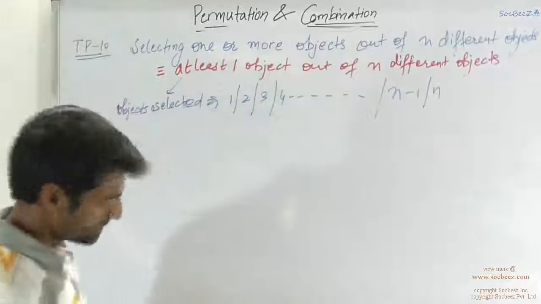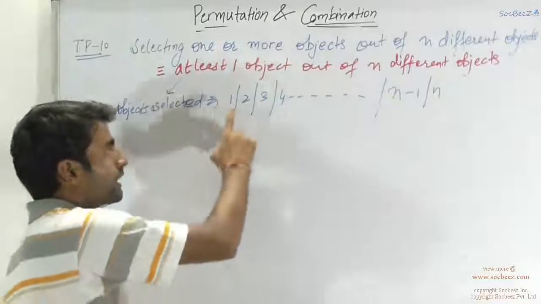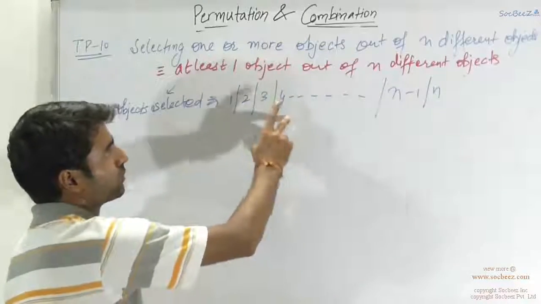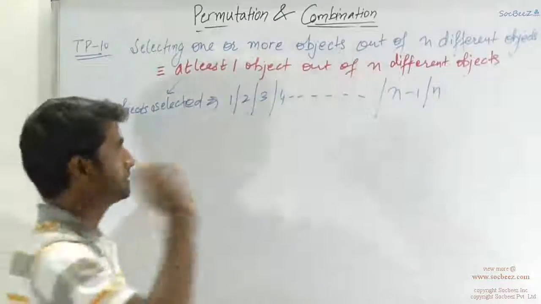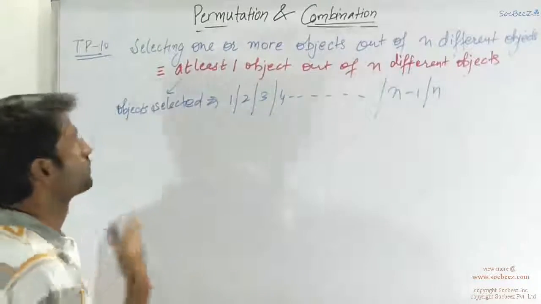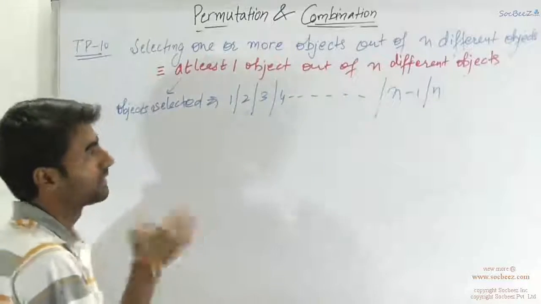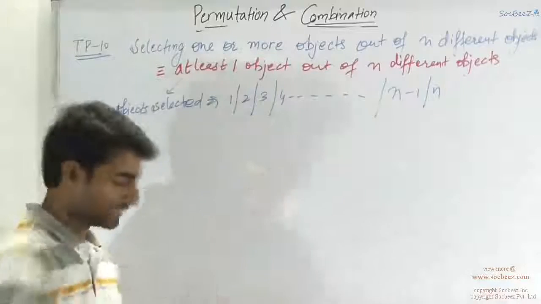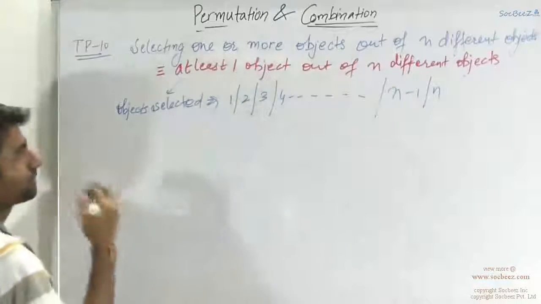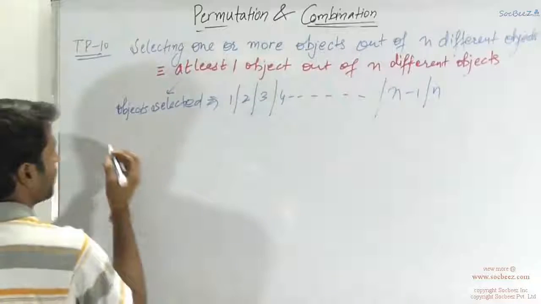These are all the possible cases. You can either choose 1, either choose 2, either choose 3, either 4, or carry till you can choose all the elements. So these are the basic cases that will be formed, because you have to choose at least one object, and there is no other constraint on how many objects you can choose. So starting from 1, you can have a possibility till n. So we will form the cases for each and every one of them.